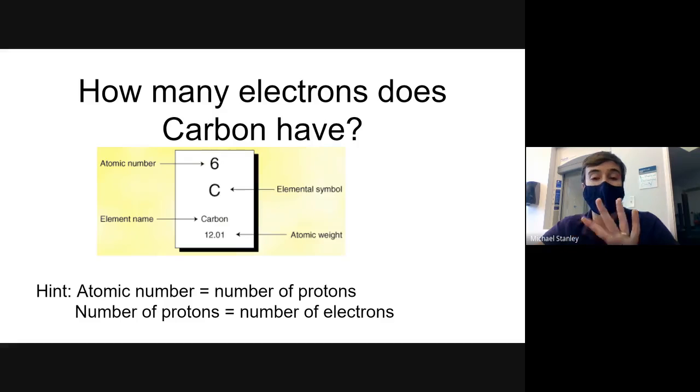All right, does everybody feel pretty okay with if I gave you a periodic table box like this one? You'd be able to tell me how many protons, neutrons, and electrons that it has.